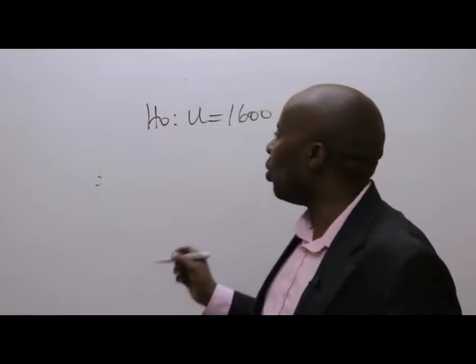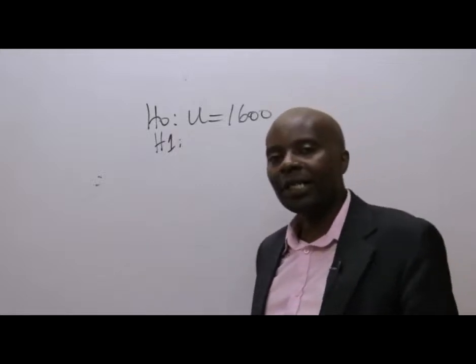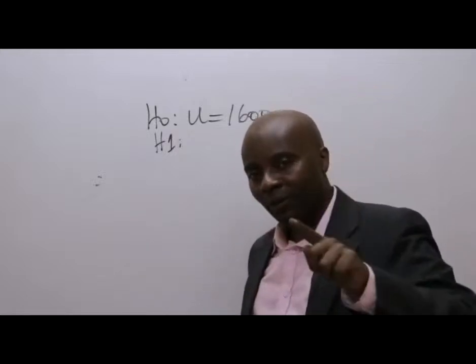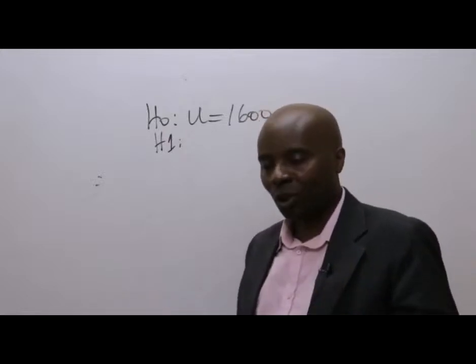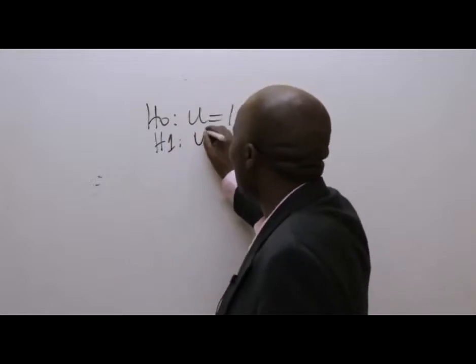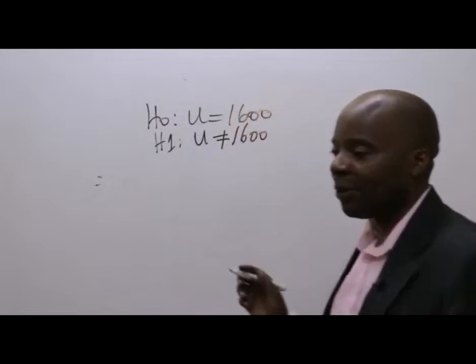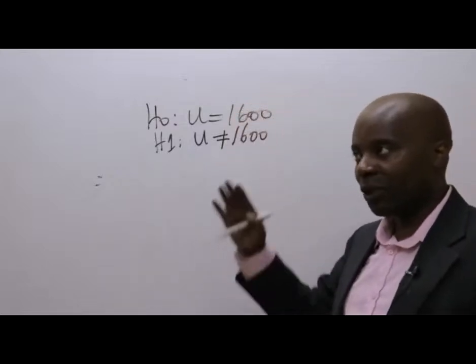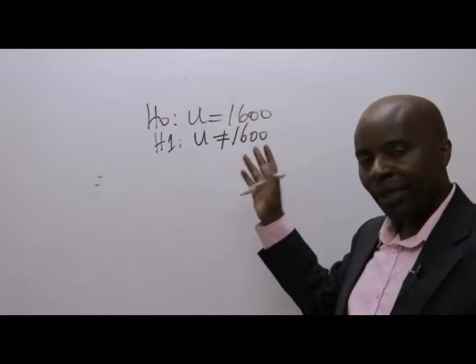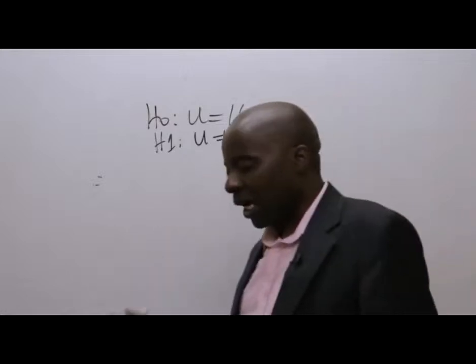I know that some of these bulbs will take longer, others shorter. So my alternative claim will be U is not equal to 1,600. Why? Because some bulbs will take more time and the other bulbs will take less time. So this is my alternative hypothesis.